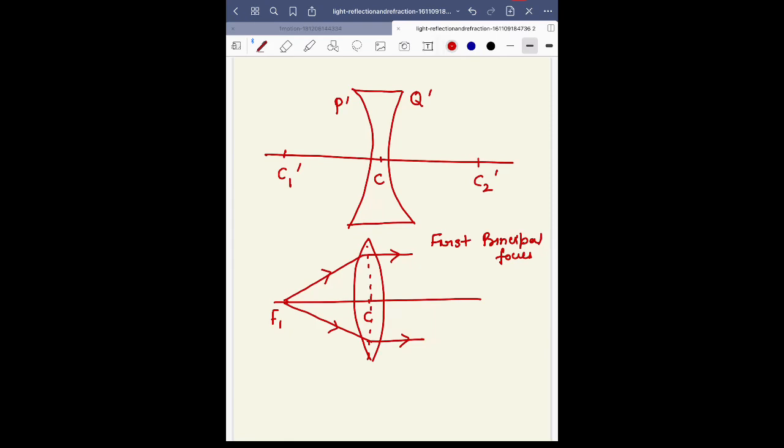So the first principal focus is the position of the point object on the principal axis for which the rays become parallel to the principal axis, that is, the image will be formed at infinity. The distance of this focus from the optical center is called the focal length. This is also the first focal length, that is why we use f1 here.